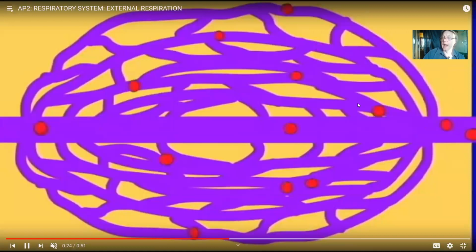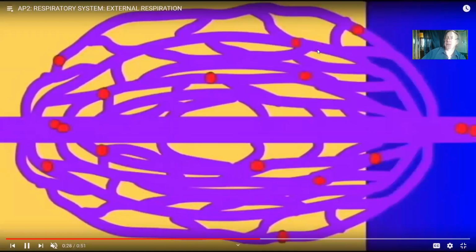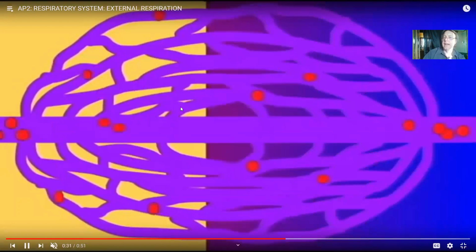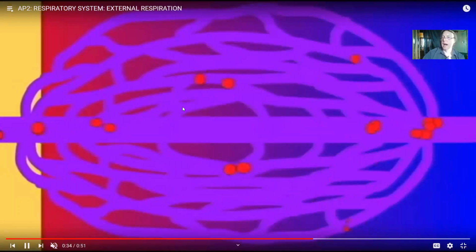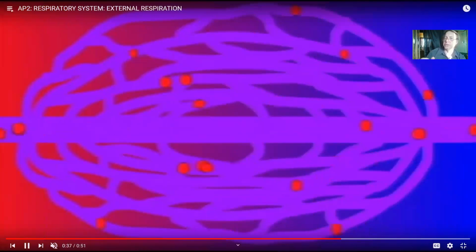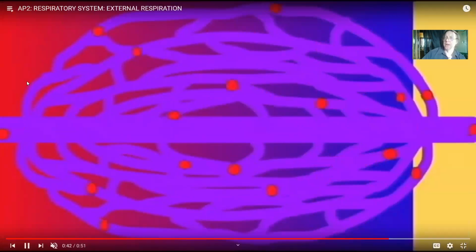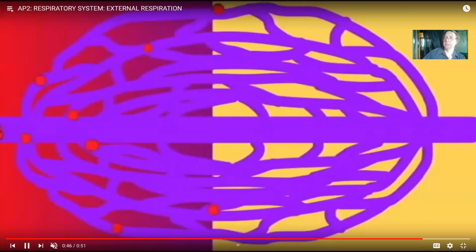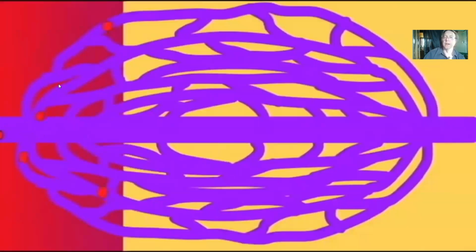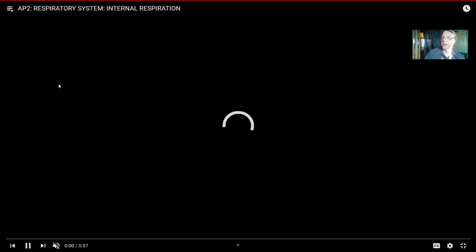As these capillaries run along the alveoli, the carbon dioxide leaves and oxygen enters. When oxygen binds hemoglobin, it changes its hue. So now we have red oxygenated blood leaving the capillaries of the lungs, different from the blue deoxygenated blood which arrived there. So this is the gas exchange which occurs in external respiration in the pulmonary capillaries in the lungs.